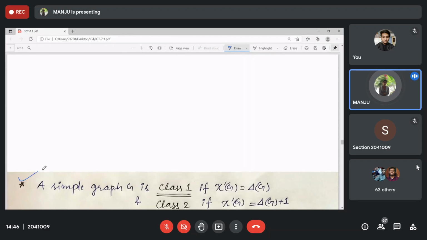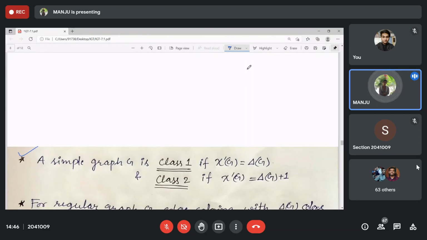Next we have some definitions. See, for a bipartite graph, what we had? The chromatic index is exactly equal to delta of G. For other graphs, it is greater than or equal to delta of G. Either equal or greater.